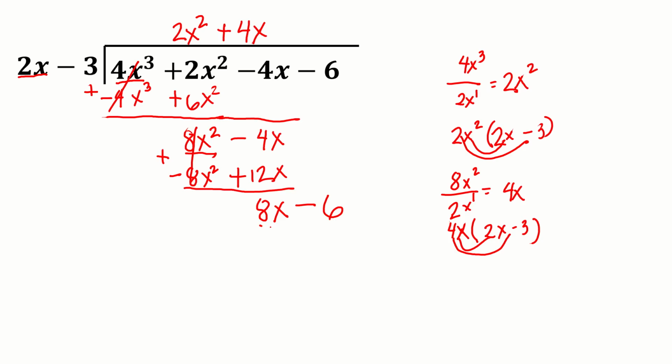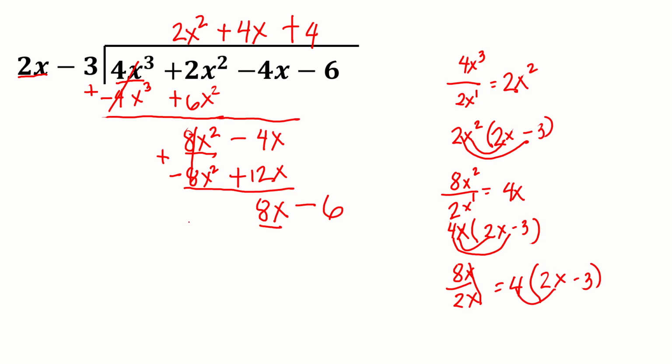Katulad ulit kanina, divide the first term by the first term of the divisor. So, 8x divided by 2x. 8x over 2x equals 8 divided by 2 is 4. X divided by x is 1. So, makakancel out na siya. So, matitira na lang ay positive 4. So, sa taas, plus 4. Then, katulad kanina, si 4, i-multiply kay divisor na 2x minus 3.